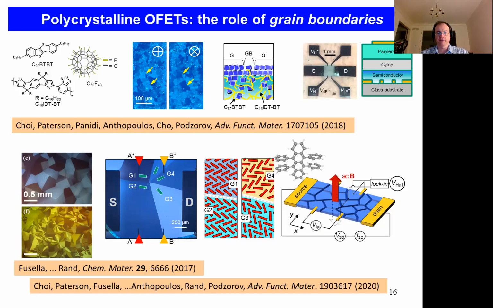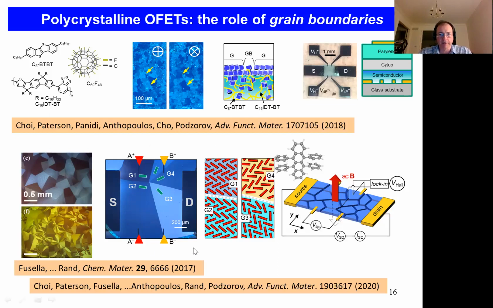These are evaporated in high vacuum with some post-evaporation annealing. The reason this is important is that it's very easy to achieve patterning of these films. You can just deposit through a shadow mask and patterning is done, unlike solution processing methods where patterning is a pain in the neck.